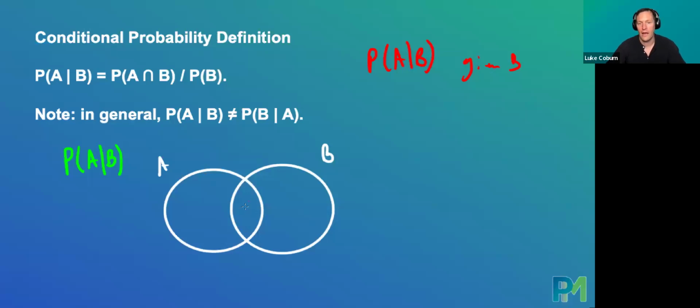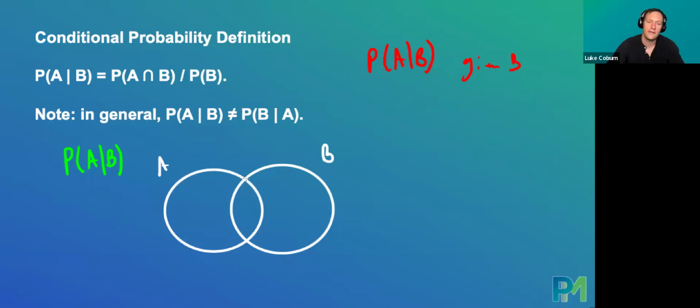And the only way that can happen is if it's landed in the intersection. So if it's landed here, we know that it's landed in B, because we've been given B. That's what that vertical line means. So the probability of A given B means that we know it's landed inside B, but what's the probability that it's also landed in A?